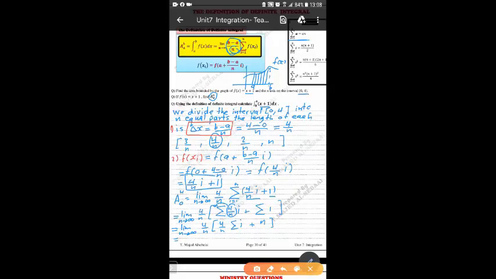Okay. Limit as n goes to infinity, 4 over n, 4 over n again. What is the summation of i? This is it. I will substitute it. It is n times (n plus 1) over 2, plus n. See, the summation has been done.